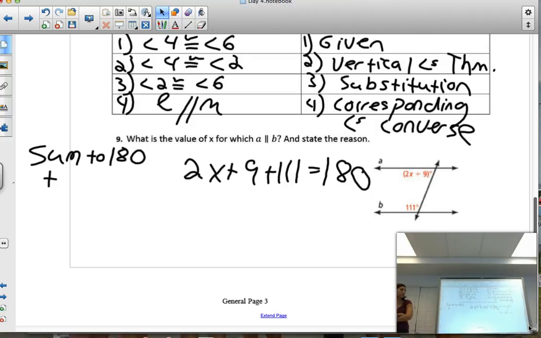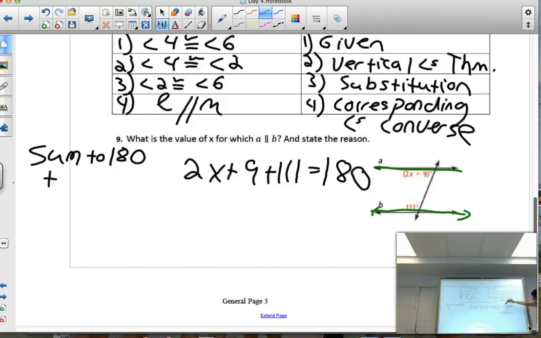Because they're same side interior angles. See how this line here and this line here are cut by a transversal, and remember you can extend these lines if it's hard to see. They're on the same side of the transversal and on the inside, so they're same side interior. One of the theorems says that same side interior angles are supplementary.